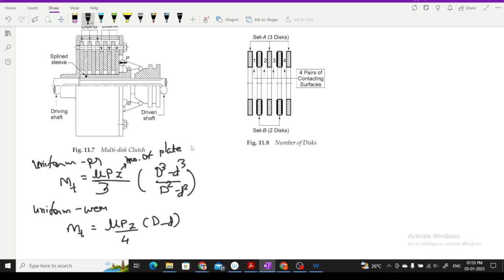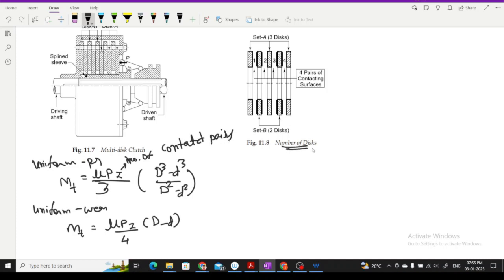And how will you calculate this? Actually, it is the number of pairs of contacting surfaces, right? Not the number of plates, because the number of plates will be different from the number of contacting pairs. We will see how we can calculate that number of contact pairs.